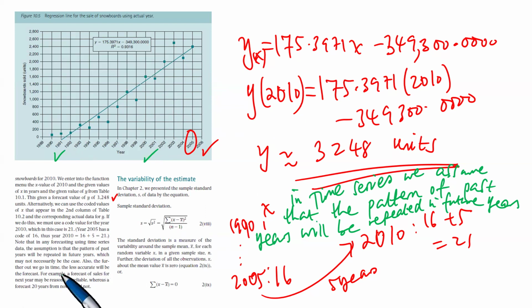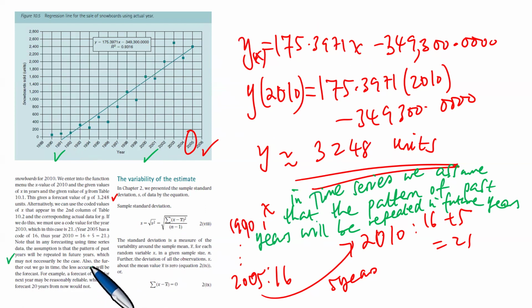Right, okay, let's just discuss a bit what this says, which may not necessarily be the case. We're saying the assumption is that the pattern will repeat, which may not necessarily be the case. The pattern can change in the future.